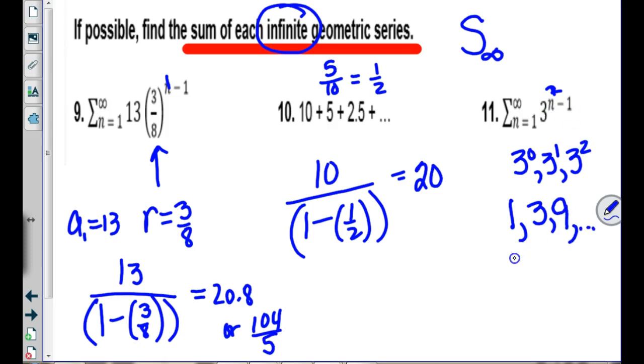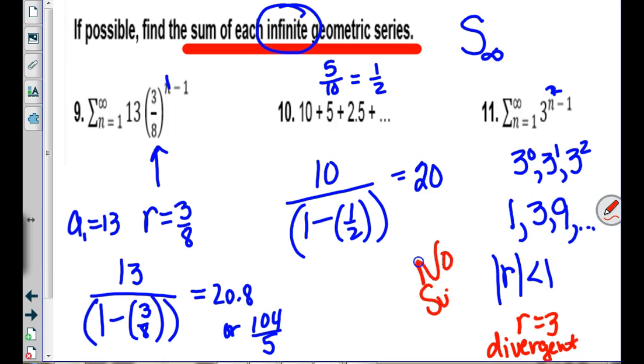Okay, I don't know if you remember, but you can only do this formula if r is less than 1. This one has you multiplying by 3. So this is not a converging series, it is divergent. So you can't find the sum as it approaches infinity because it's just going to keep growing and growing and growing. There is no sum.